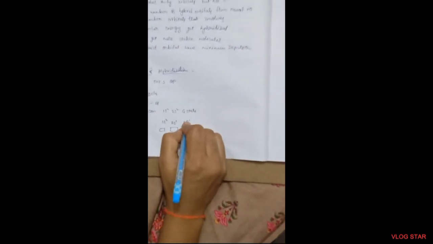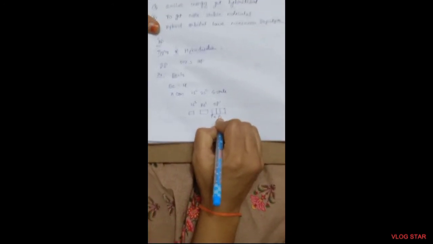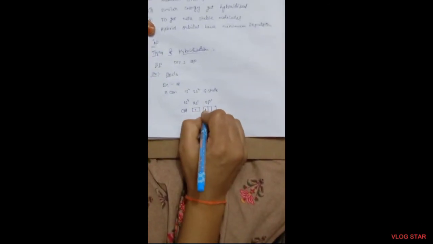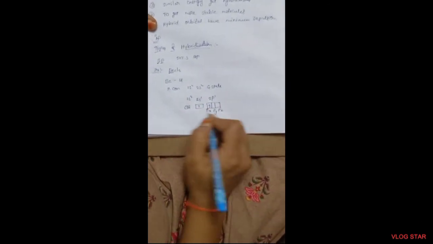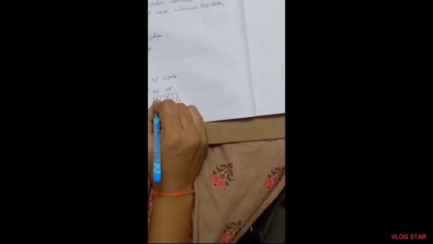As we all know, in the p orbital we have px, py, pz. Here we have an s orbital and a p orbital with unpaired electrons.